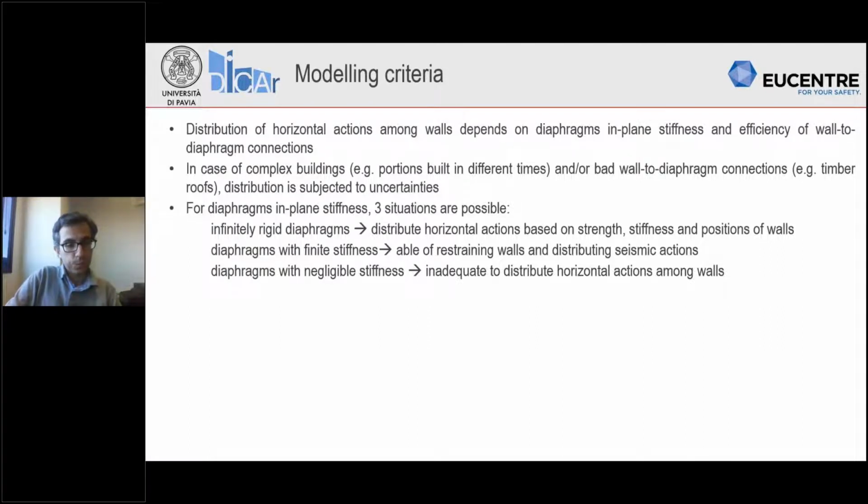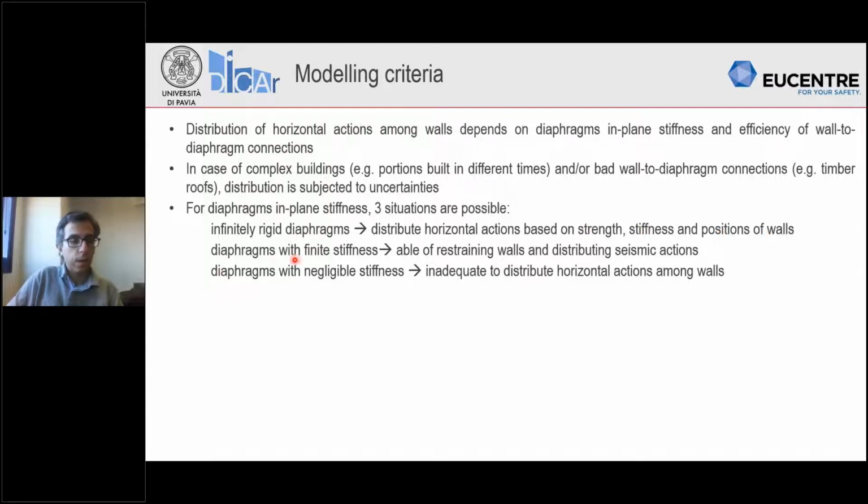However, as regards diaphragm in-plane stiffness, three situations are generally possible. The first case is the one corresponding to infinitely rigid diaphragms. In this case, horizontal actions are distributed among the walls based on the strength, on the stiffness, and on the position of the walls.